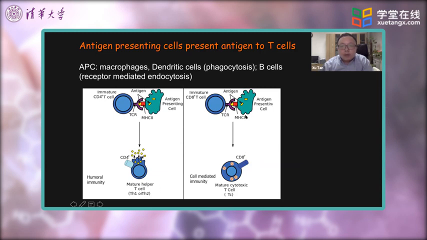If the antigen-presenting cell has an MHC class 1 molecule on its surface, which can also present peptides on its surface, this MHC class 1 presented peptide recruits a group of T cells called CD8 T cells.